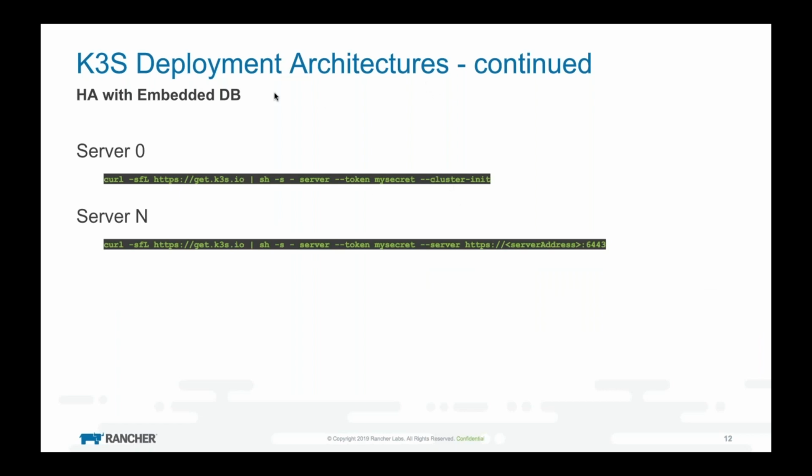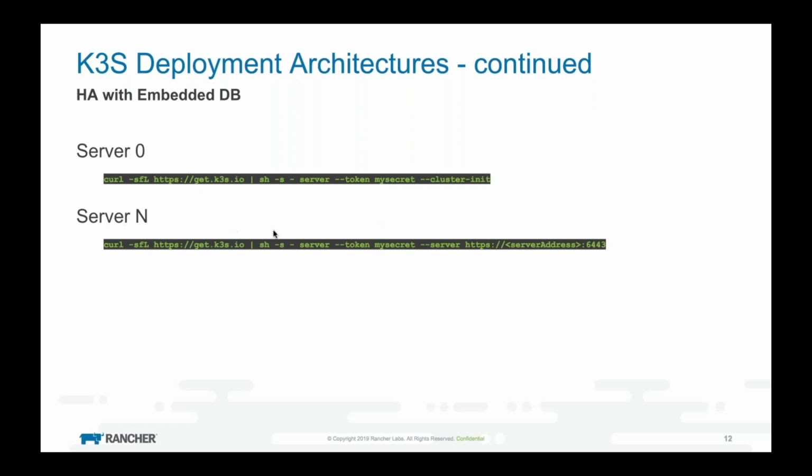So this is how to run K3s deployment architecture using embedded DB. Just run the first server normally using the token and --cluster-init, and the other servers will just connect to the first server. So this is really similar to how the agent connects to the server.